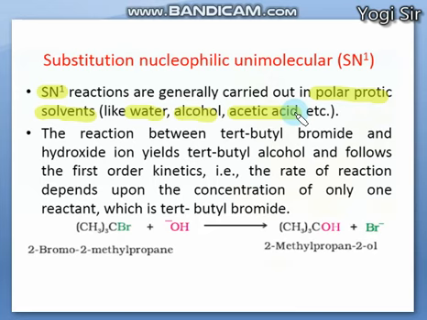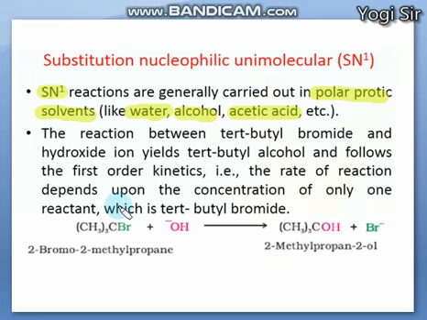While here you can see that the SN1 reaction is carried out in the presence of polar and protic solvents like water, alcohol and acetic acid. Previously we saw SN2 was carried out in the presence of non-polar solvents like petroleum ether, dichloromethane and benzene, while in SN1 these are polar solvents, so that is one of the major differences.